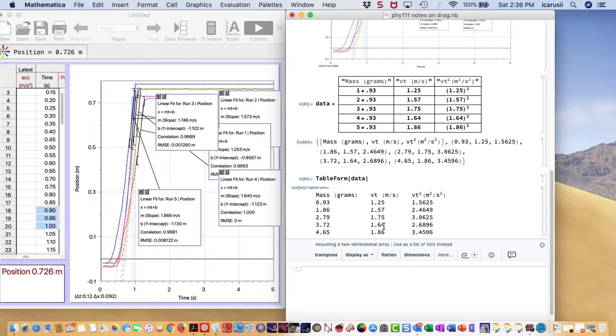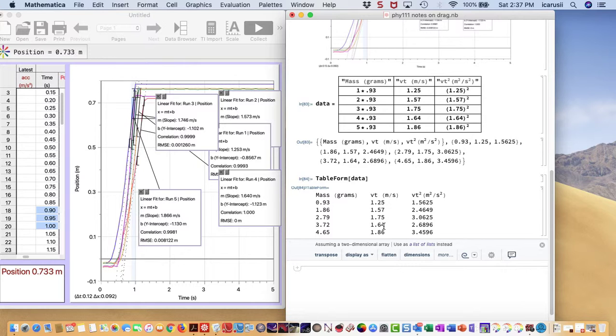So here's my data. And in order to make a decision as to whether or not the resistive force is dependent upon the velocity or the square of the velocity, what I am going to do is make a plot of each of these versus the mass. Now, in the event that it's proportional to the square of the velocity, then we should get a straight line in both cases.